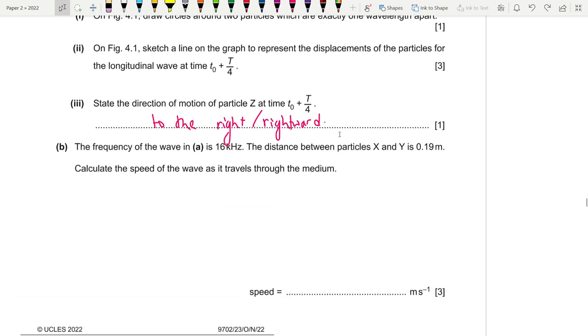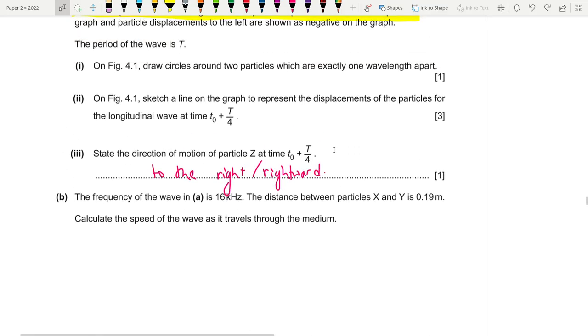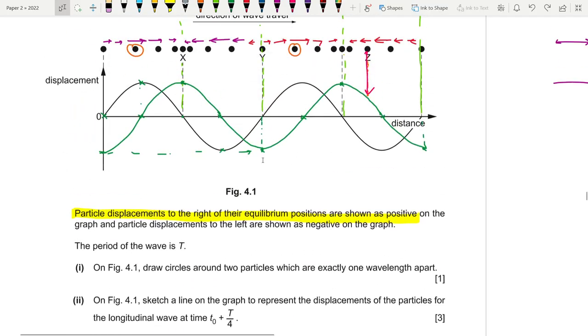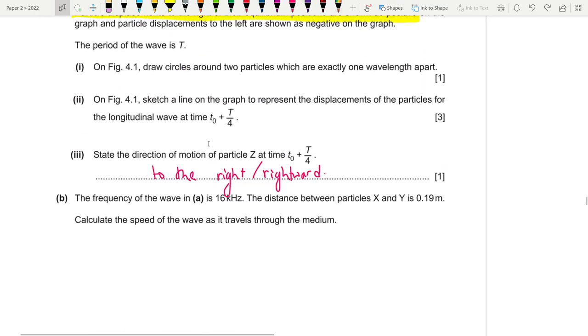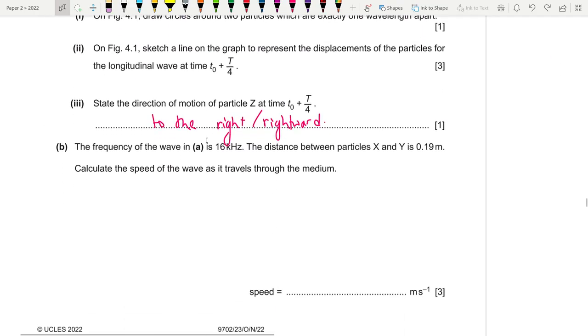The frequency of the wave is 16 kilohertz. The distance between x and y is 0.19. So x to y, guys, x to y is actually half, right? Half a wavelength. So we can say that half a wavelength is equal to 0.19.